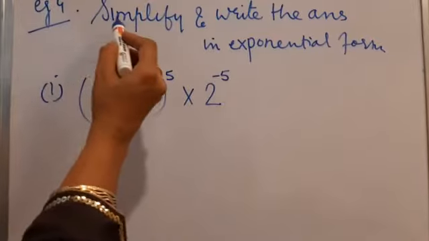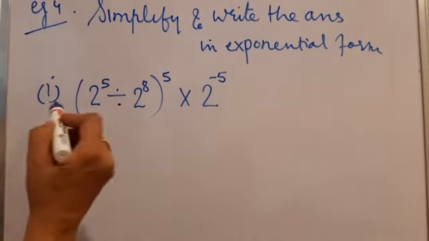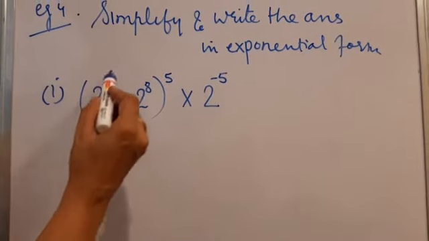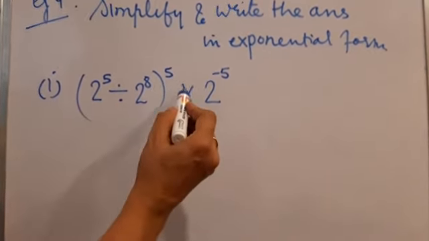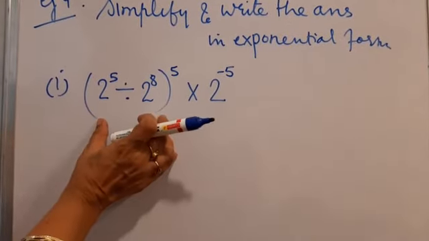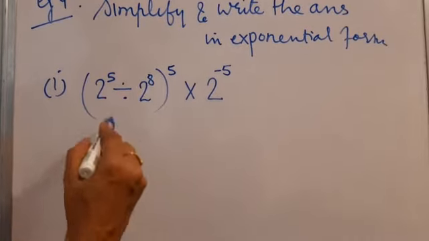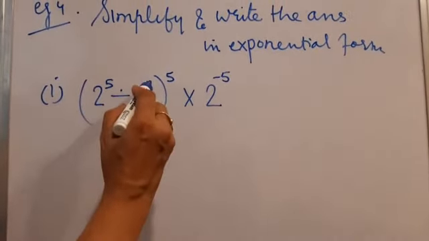Example number 4 is: simplify and write the answer in exponential form. The first part is given to you: 2 raised to power 5 divided by 2 raised to power 8, whole power 5, multiplied by 2 raised to power minus 5. First of all we will solve this bracket. So what is the rule for a raised to power m divided by a raised to power n?